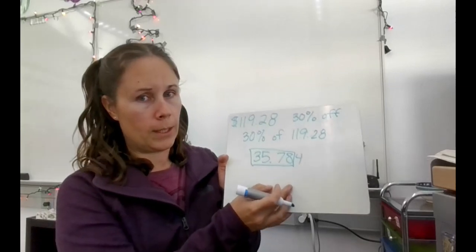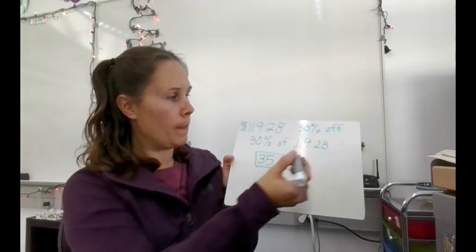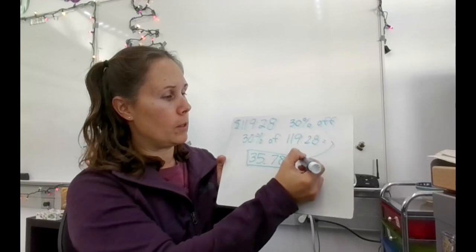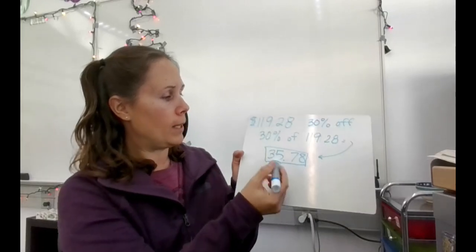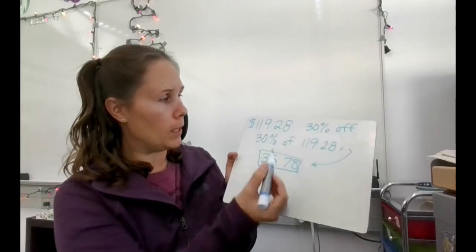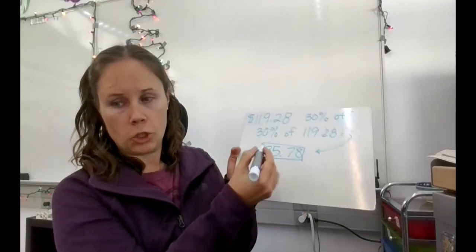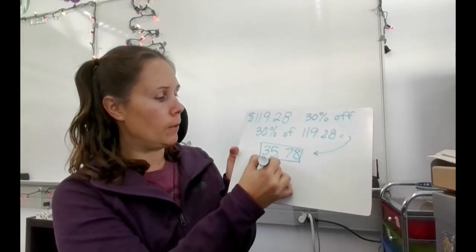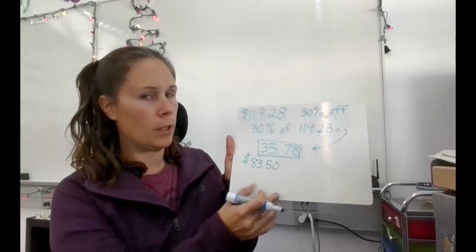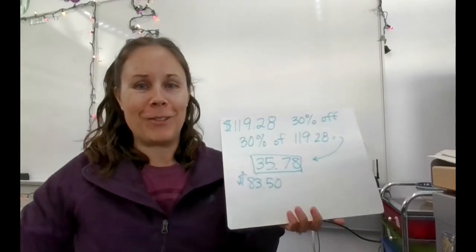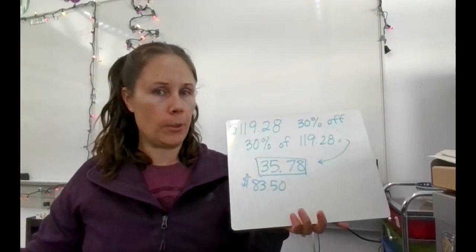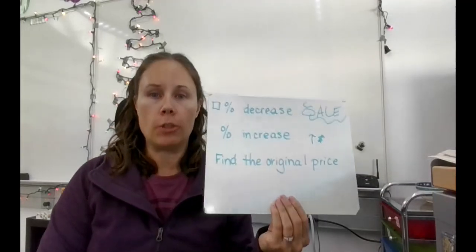That's a 4, so we can keep it at 78 cents. If I subtract 35.78 from my original price, I should get 83.50. So check your work, check my work, make sure that we did the same thing. That was a very quick overview of when we get a percentage decrease.